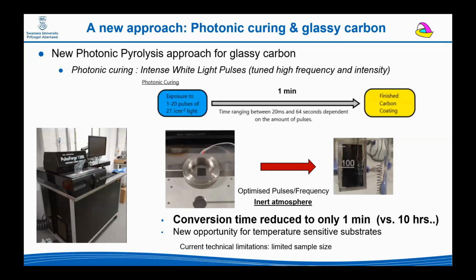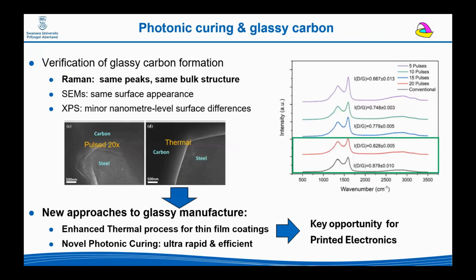Of course, these are nice presentations, nice pictures. We try to be scientists, but we have to verify what we produce. So yes, Raman, XPS, SEM, compared throughout. And the key point that Raman demonstrated is that we hit exactly the same peaks.